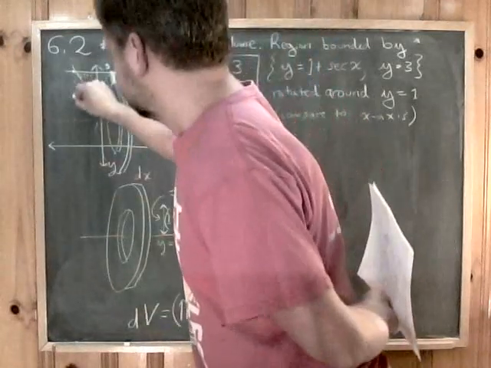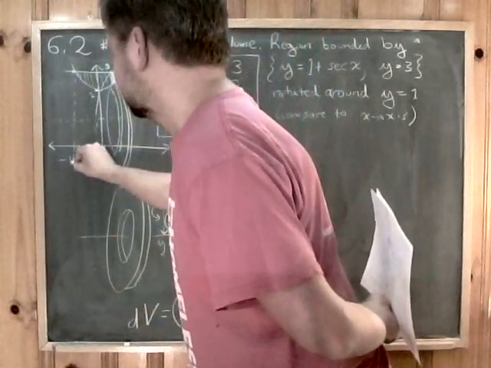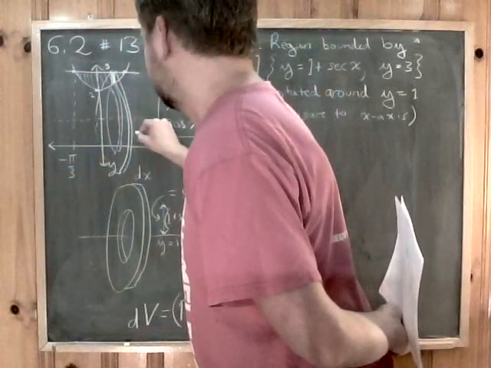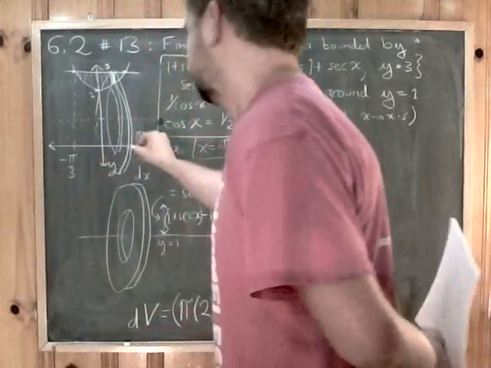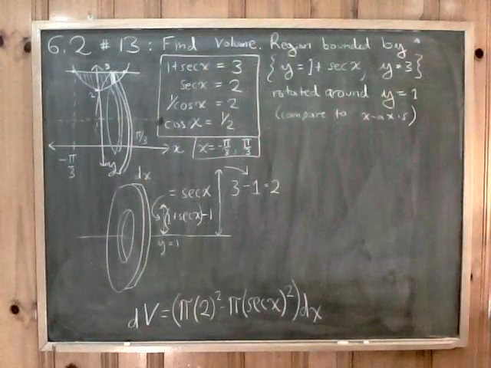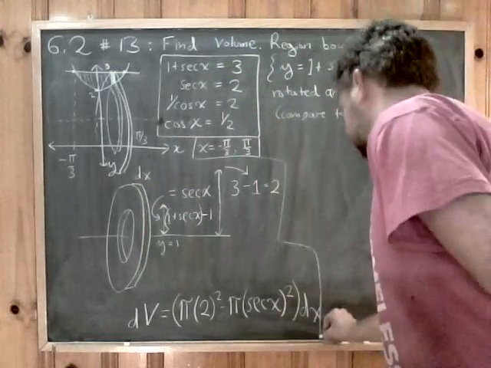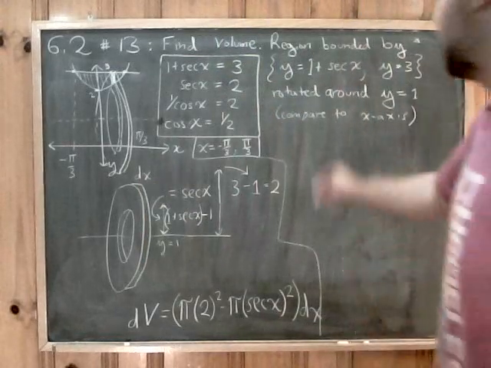And that's where these cross, right where the two endpoints are. So now I can write the integral down for the full volume.